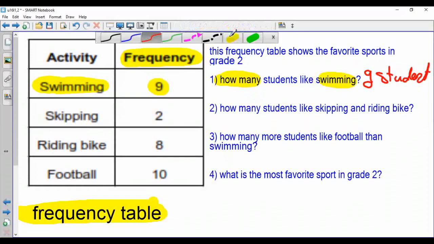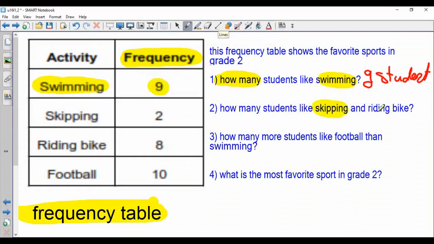How many students like skipping and riding? If I'm asking how many, I'm asking about frequency, but frequency for two things, skipping and riding a bike. So I will look at the frequency of skipping here, it is 2. The frequency of riding a bike is 8.